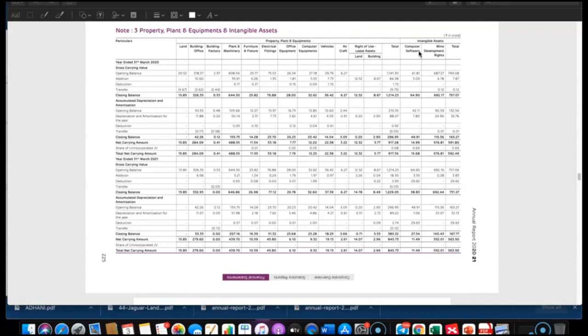So what we'll do, we'll just remove this value, that is 11.49 crore from equity. We should also know what is the corresponding value in the previous year, right? Previous year total net carrying amount was 15.68 crore. Let's do that. 15.68 previous year, 11.49 current year.